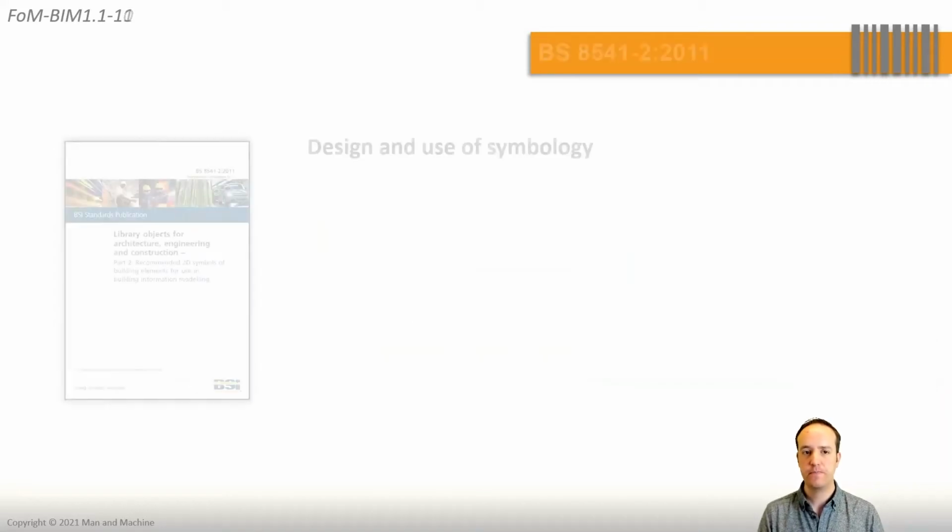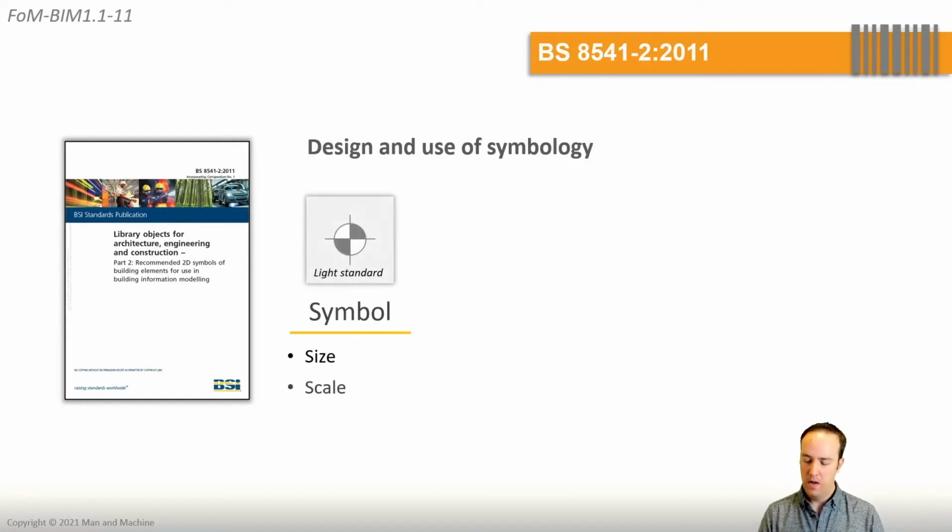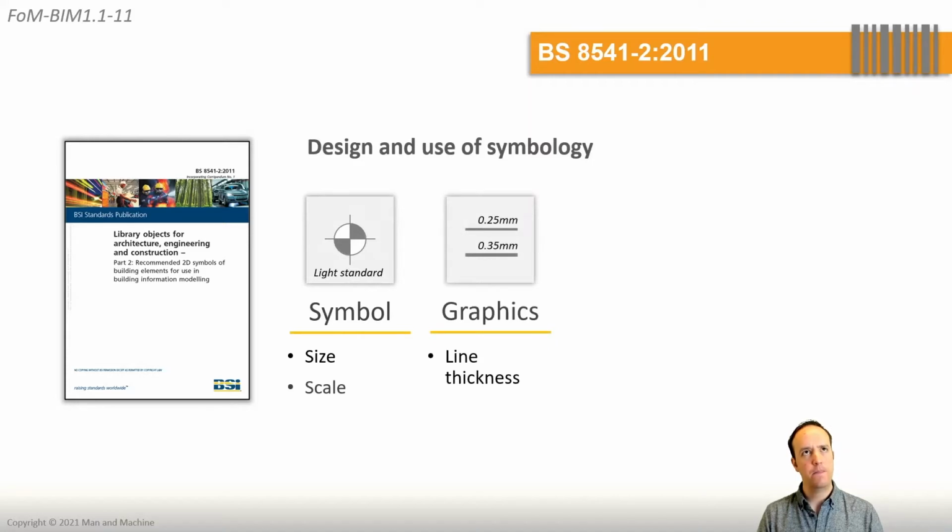Part 2, not for everyone this one, but certainly worth flagging because I'm sure we've got a number of people on the call that are producing or manufacturing electrical equipment or equipment that touches MEP, mechanical, electrical, plumbing designs.